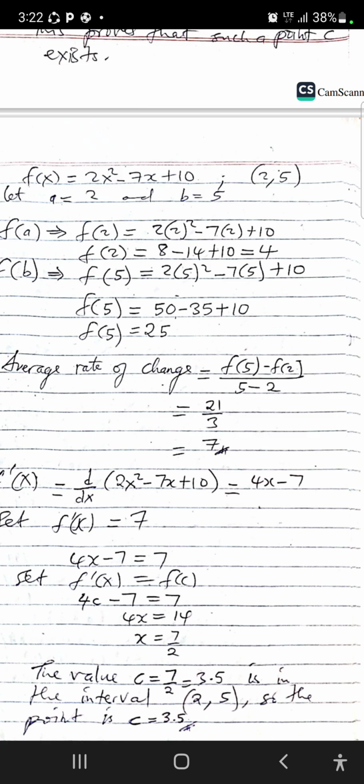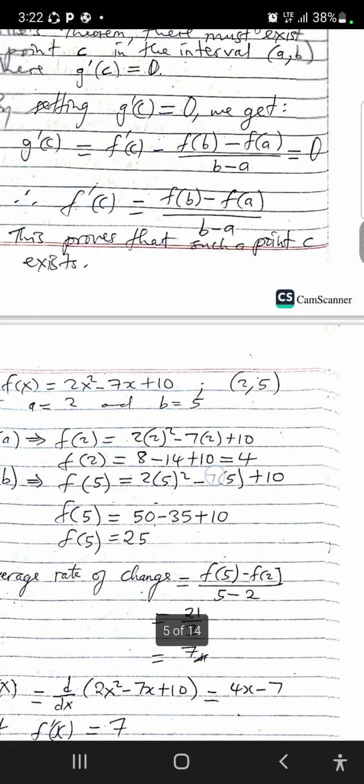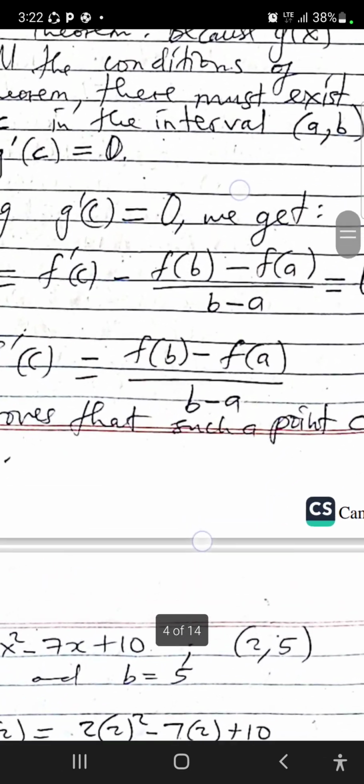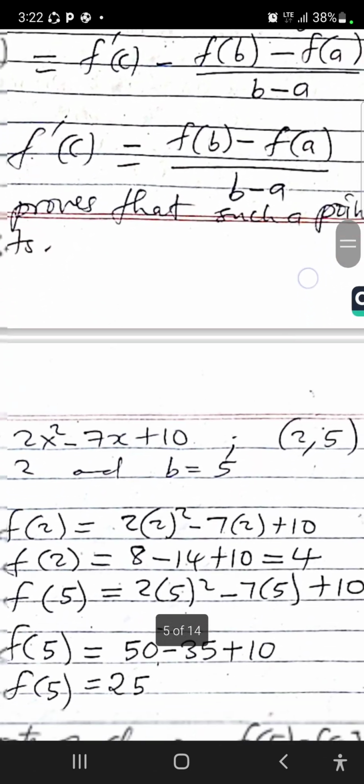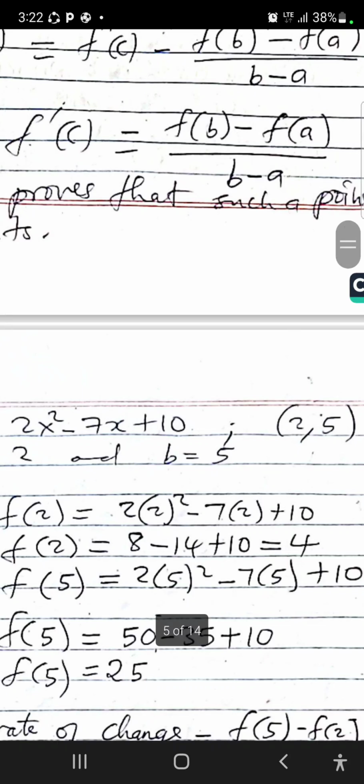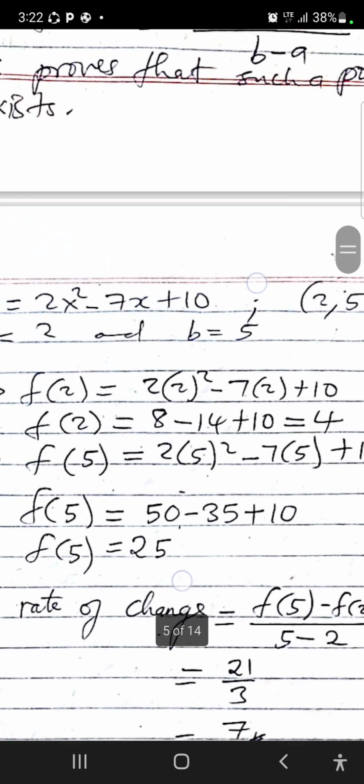I've said our a is 2 and our b is what? 5. So I've seen the formula and I've understood it. Here, this one, f prime of c equals f of b minus f of a over b minus a. So I should find whatever is in the formula and then replace it within the formula. That's how we use formula. So I'll find f of b, I'll find f of a, I'll find f prime of c.